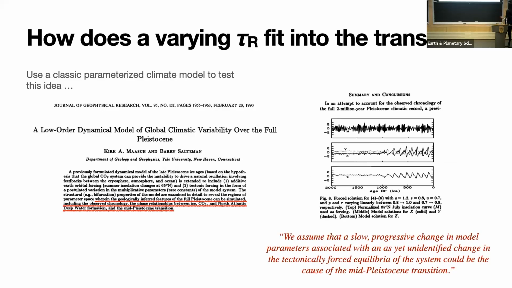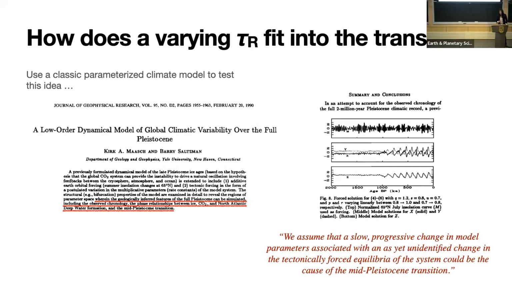And if you force this system and slowly vary arbitrarily certain control parameters in this dynamical system, they reproduce a flip between some sort of 40,000 year dominant to 100,000 year dominant ice age state.